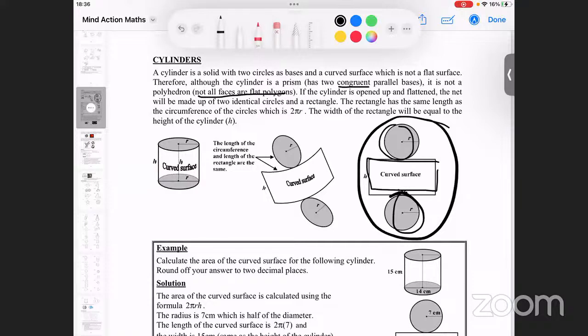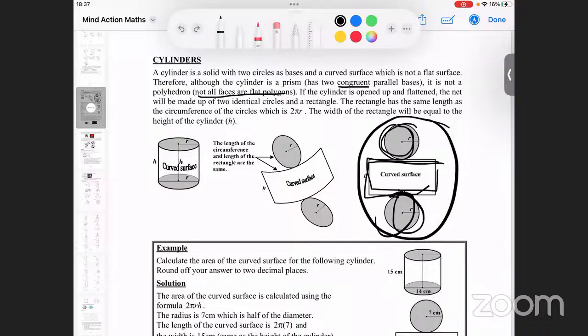Then you end up having the two congruent circles, or two congruent bases, and this rectangle that you see over there, right? The rectangle has the same length as the circumference of the circle, which is 2 pi r.